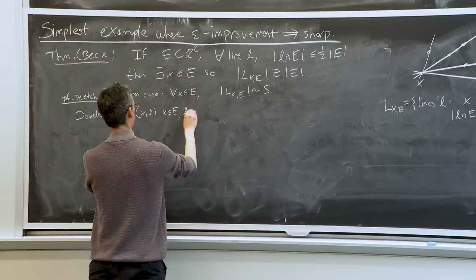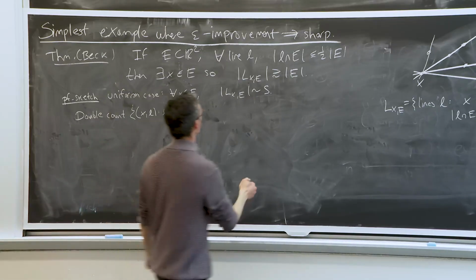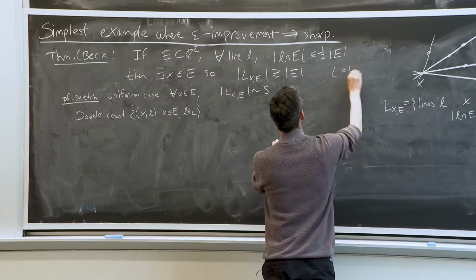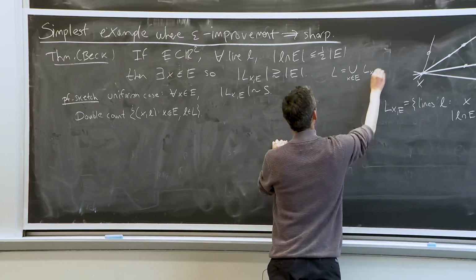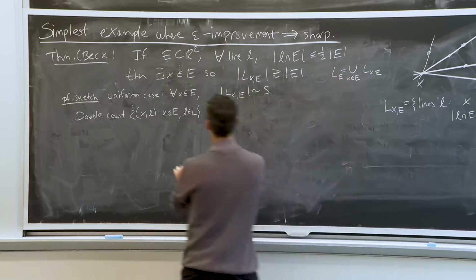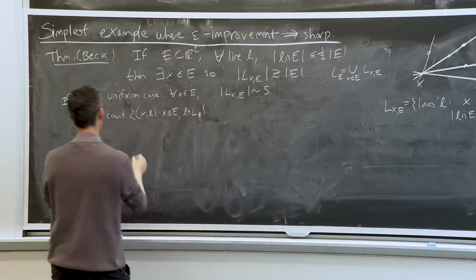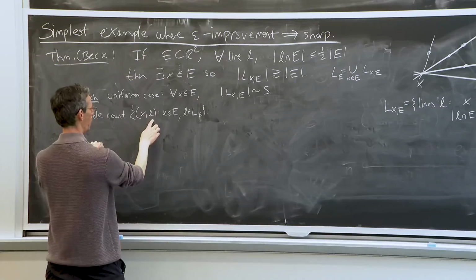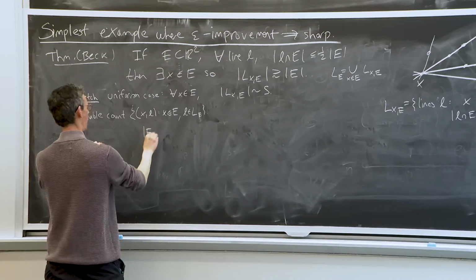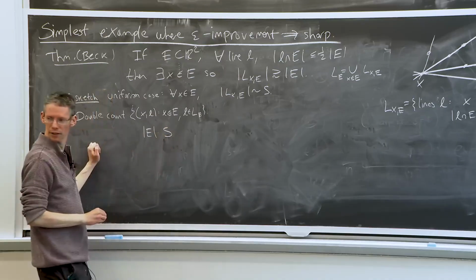and L is in our set of lines. So our total set of lines is going to be, let's do this. OK, so how big is L(E)? Well, we could count the number of these pairs in two ways. We could count, OK, look at all the points of E, and each of them is in S lines.